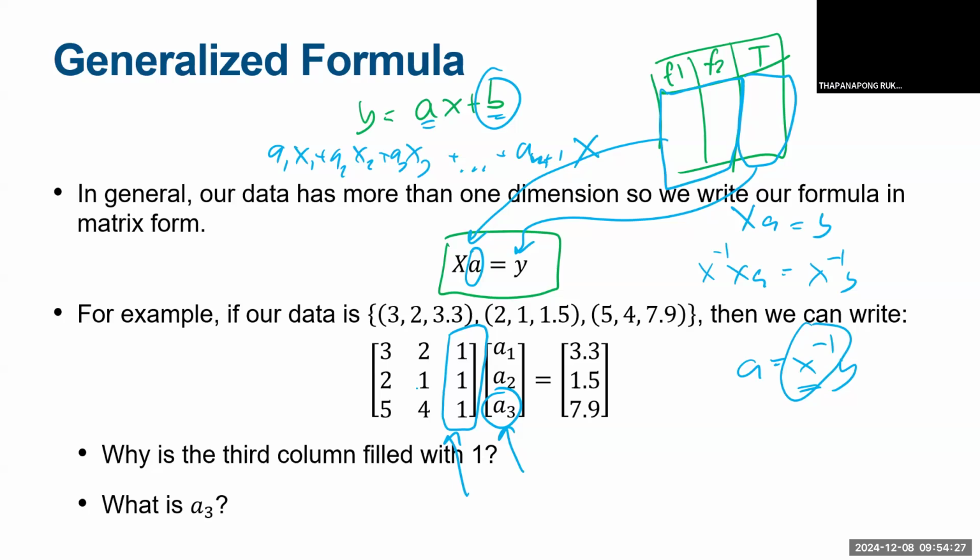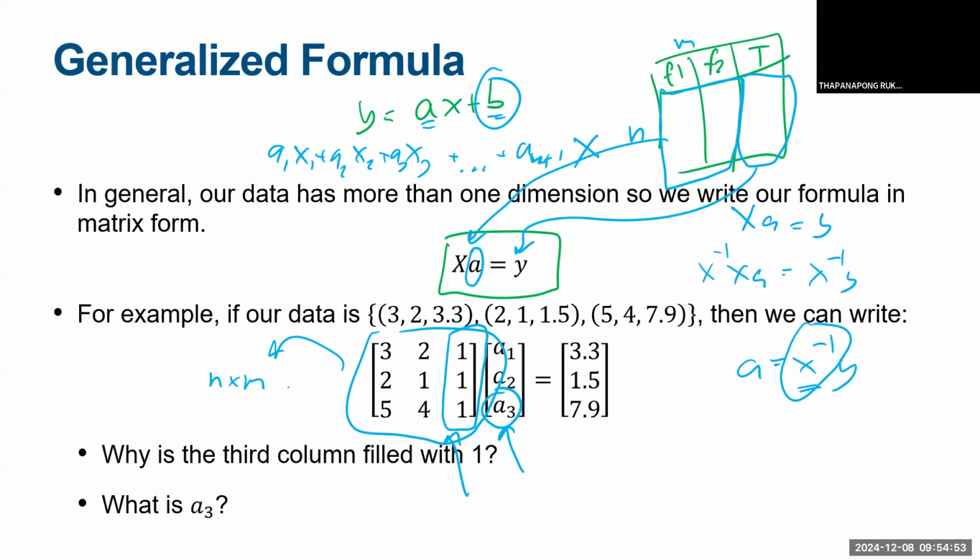But in general, what is the size of this matrix? What is the size? Let's say your data have m dimensions, and then you have n data points, you would have n by n. You will have an n by n matrix.